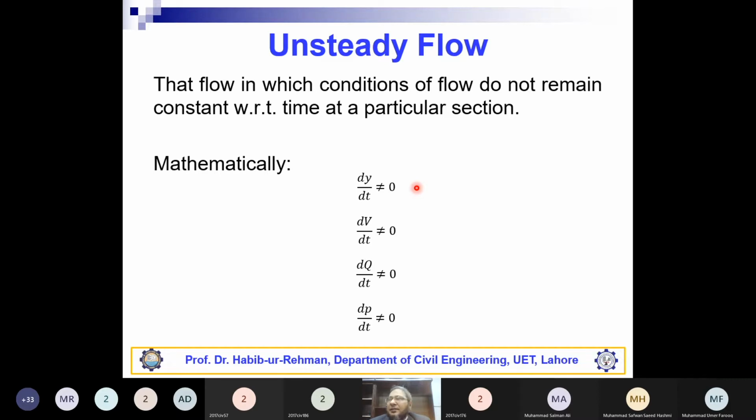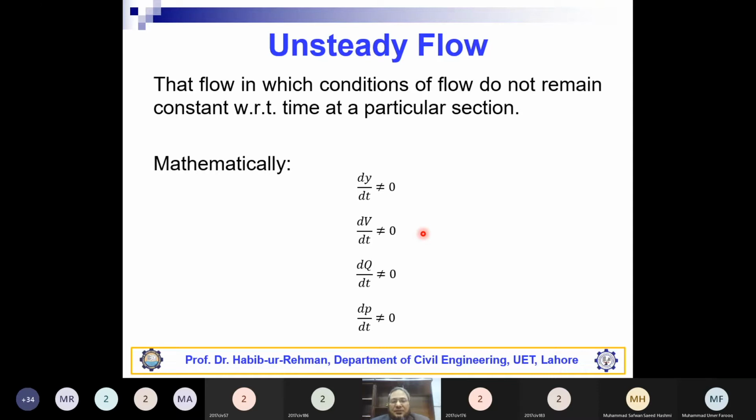For the pipeline or for open channels? For open channels. Yes, for open channels. If the depth of flow in an open channel keeps changing with time at a particular section, then we say that this is unsteady flow.